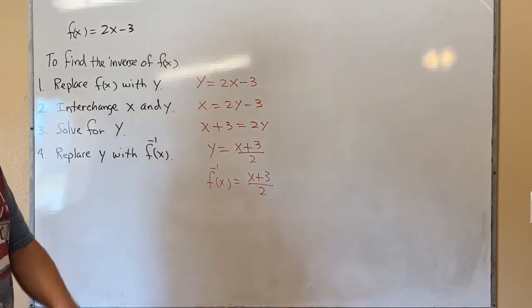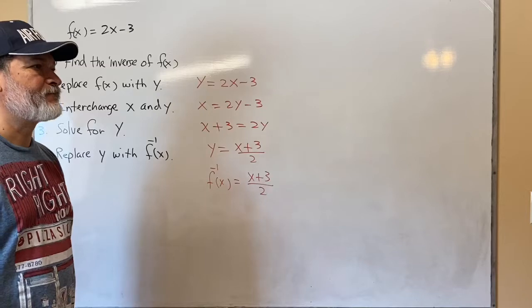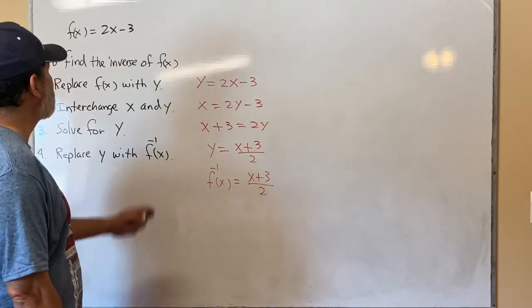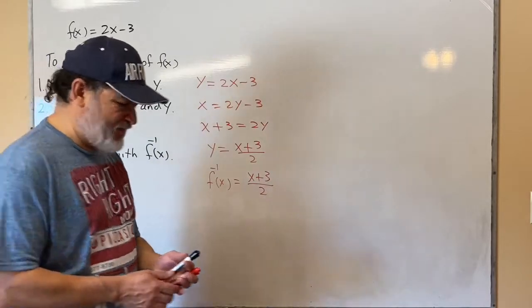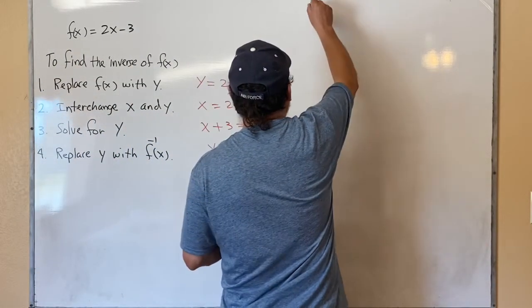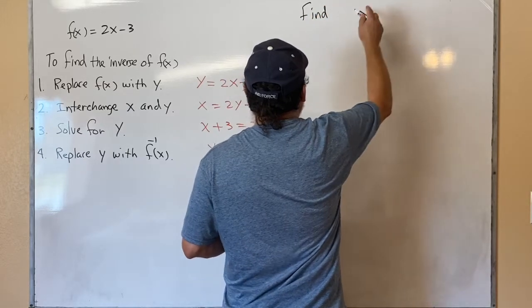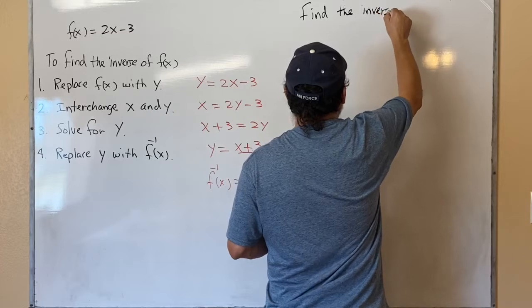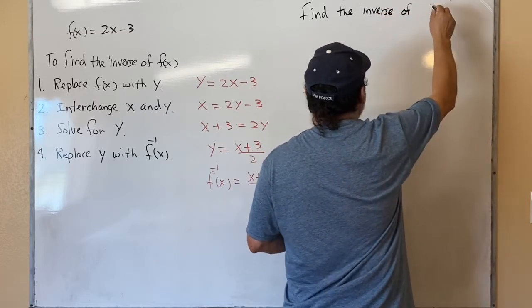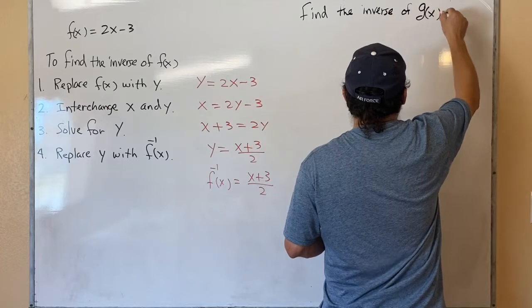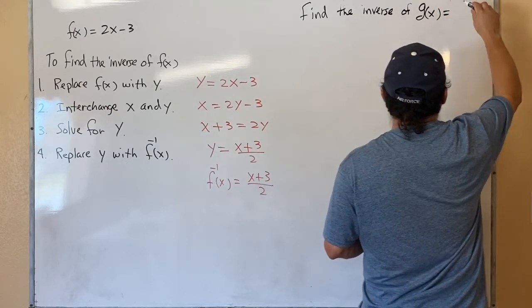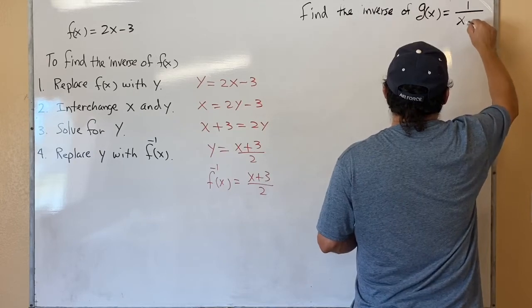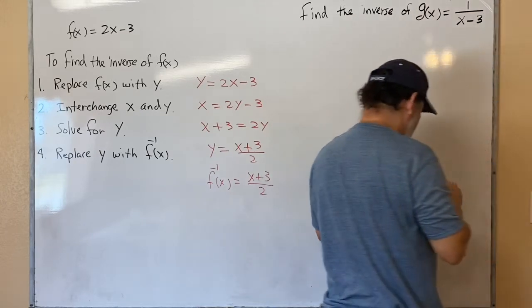Let's find the inverse of the following. Find the inverse of g of x, which equals 1 over x minus 3.